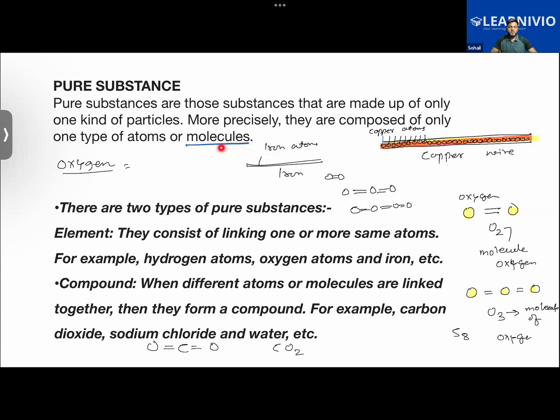Even oxygen is one of the pure substances, and even water, because water is made up of the same kind of molecules. So a pure substance would either have the same type of atoms or molecules of compounds.